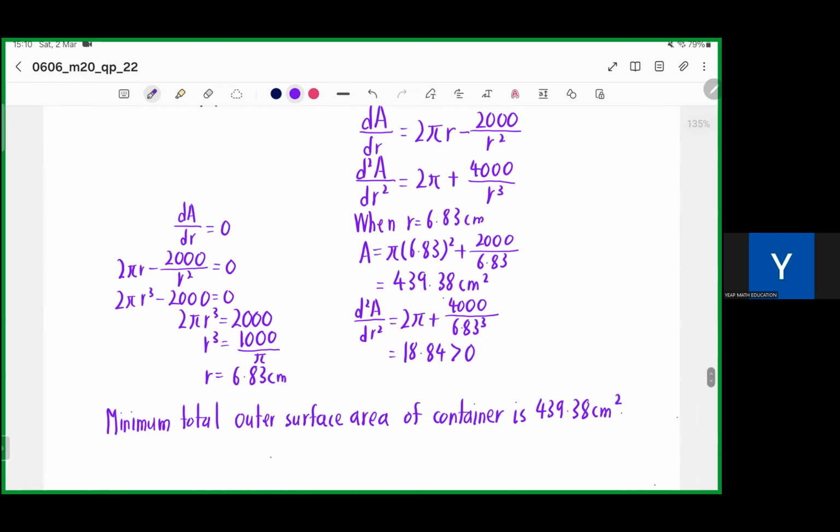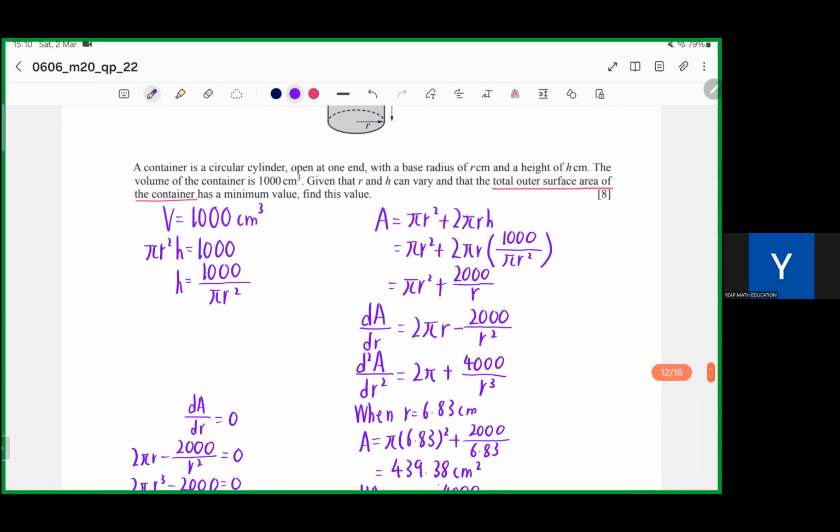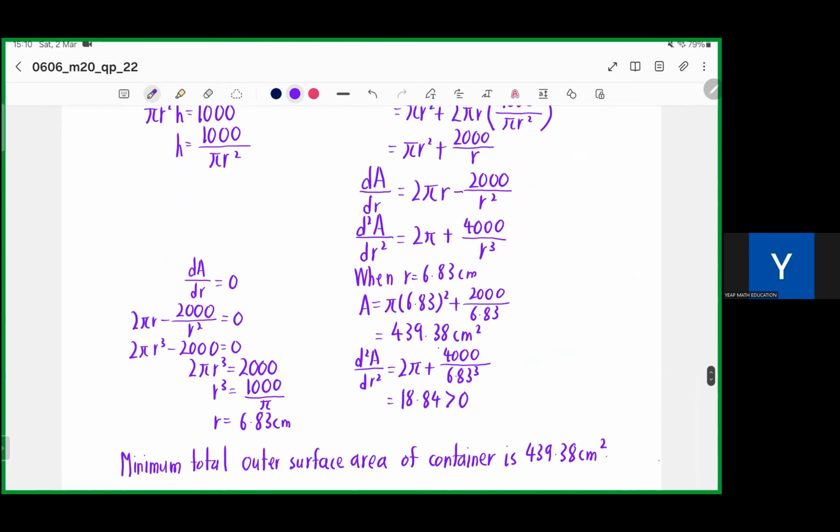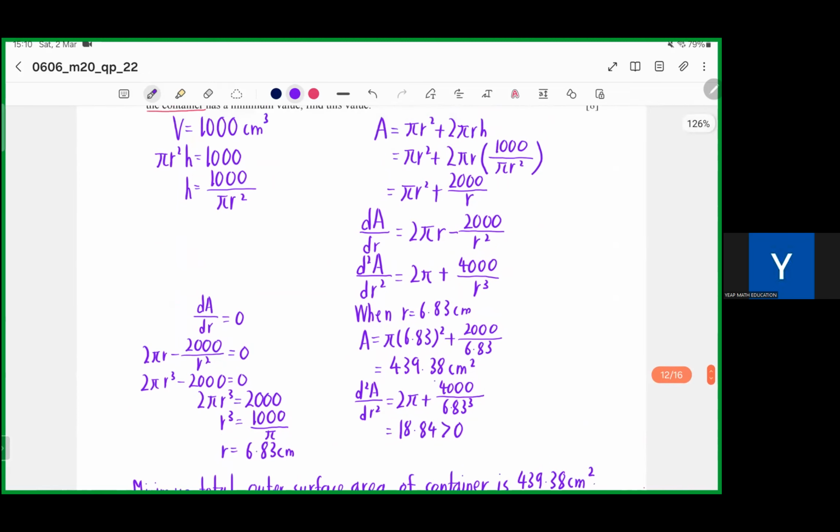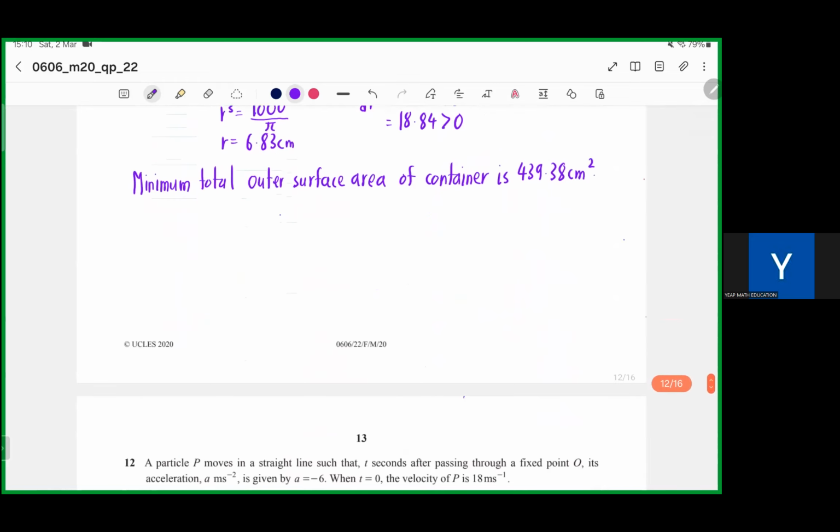Actually, this question is not quite difficult, but if you understand how to practice maximum and minimum problems, or optimization problems, I think it's easy for you.